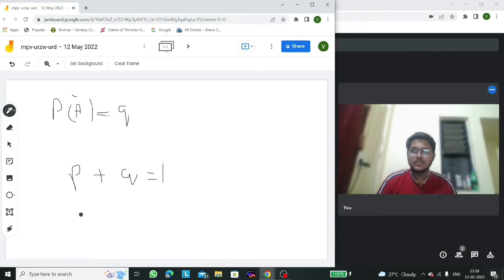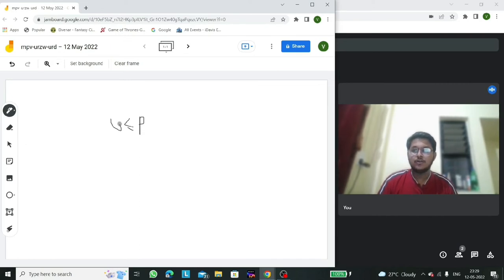And if the condition is when event is certain to happen, then the probability of not happening of event A becomes 0. In this condition, we take probability of happening of event A is equal to 1. From this we can say that the probability of any event lies between 0 and 1.